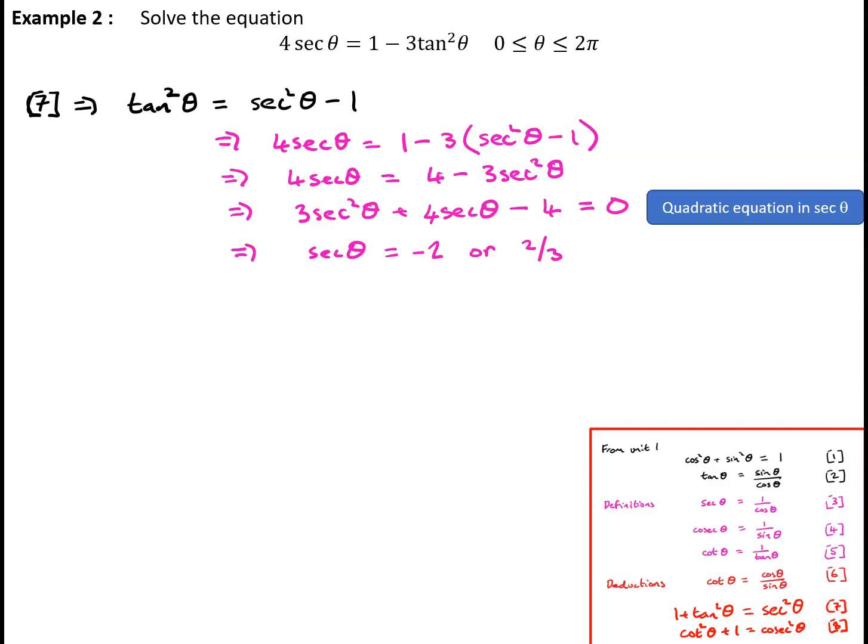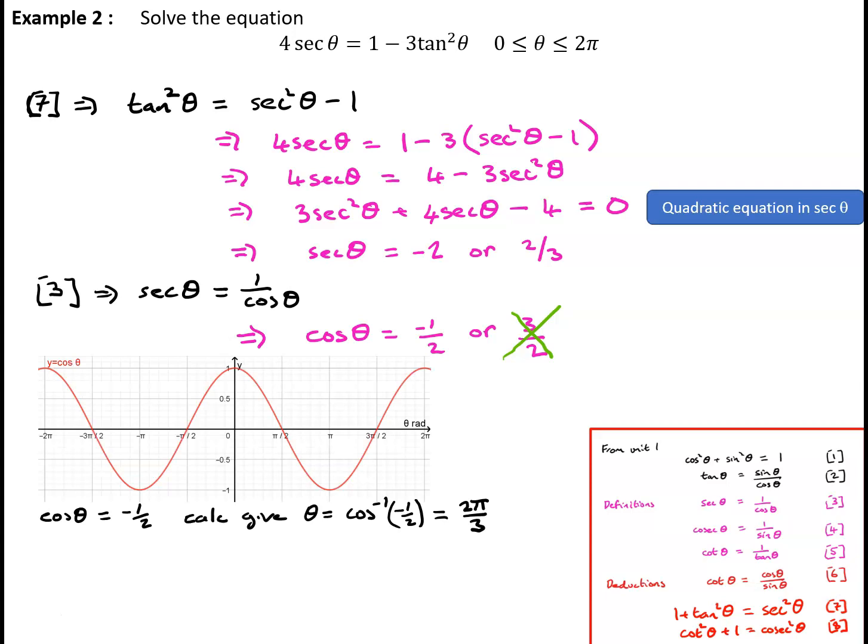We know that sec theta is 1 over cos theta, so that tells me that cos theta is either minus a half or 1.5. We know that cos theta can only take values between minus 1 and 1. It certainly cannot be 1.5, so we can delete that possibility straight away. So we know that cos theta has got to equal minus a half.